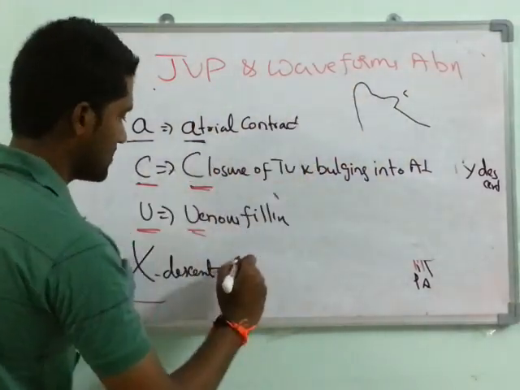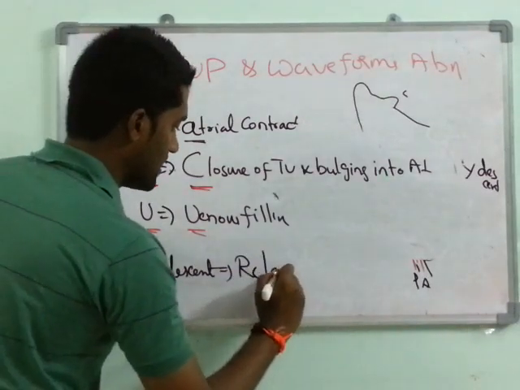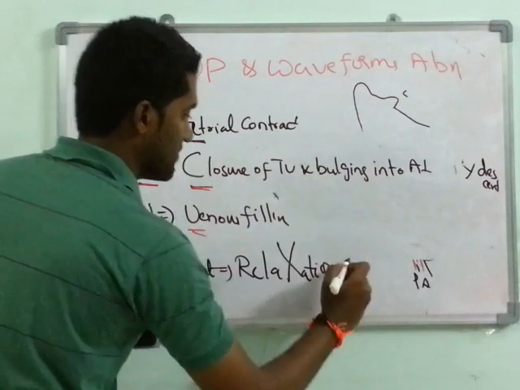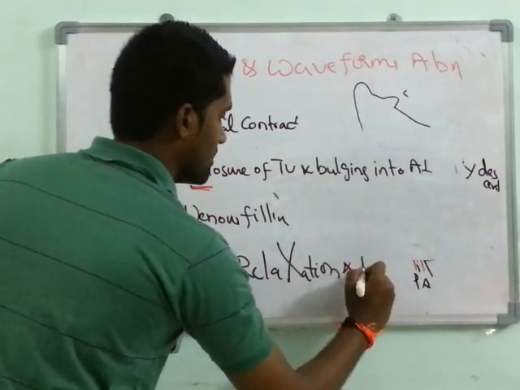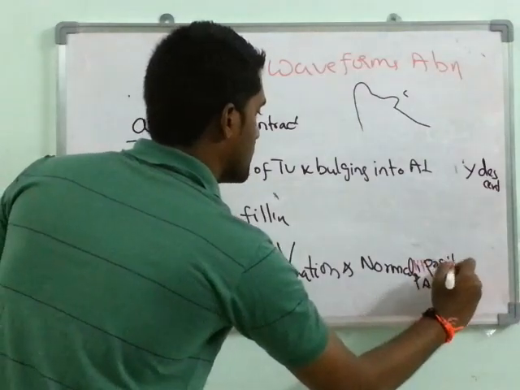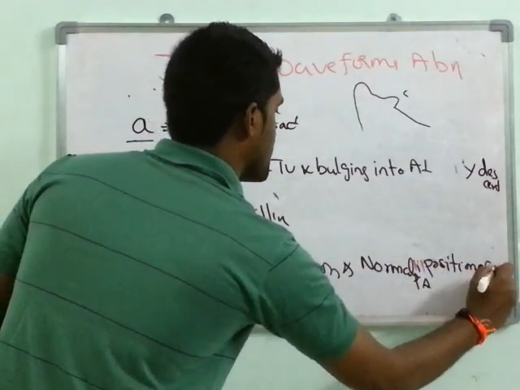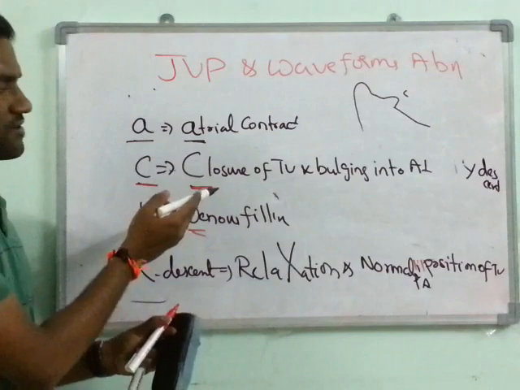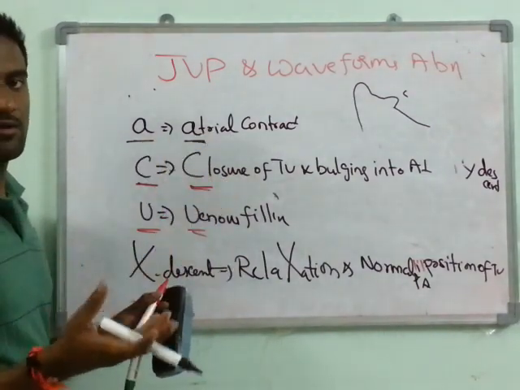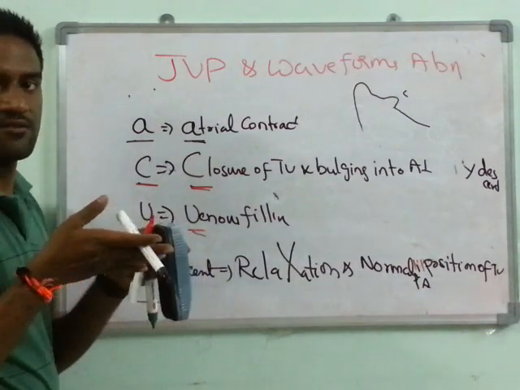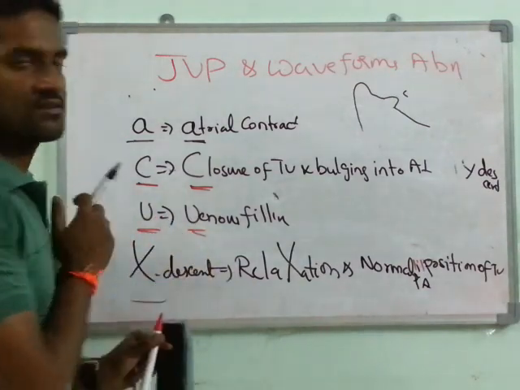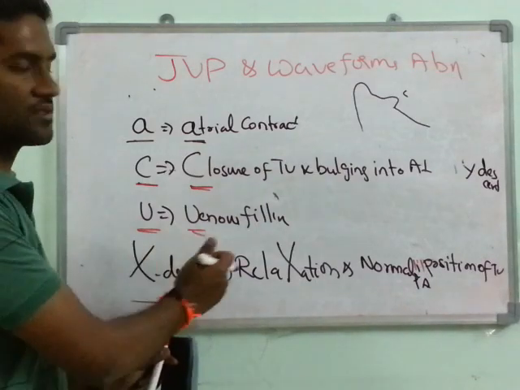This descent is due to relaxation of the atrium and the normal position of the tricuspid valve. That is, after bulging inside, when the semilunar valves open, these leaflets come to their normal position, resulting in the X descent.